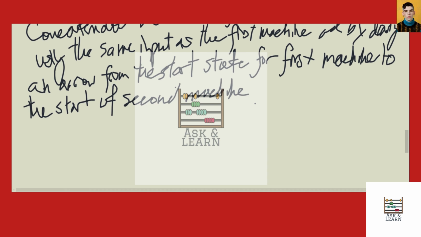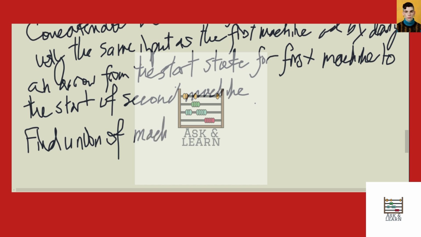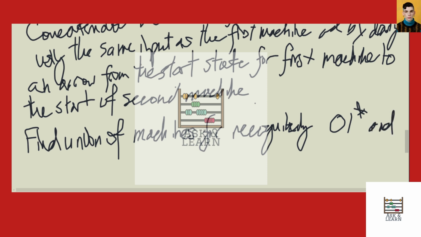And now we need to find the union of the machines recognizing, let's see, on the one hand we have our first machine as 0, 1 star, and the other machine recognizes 0, 0 star 1.